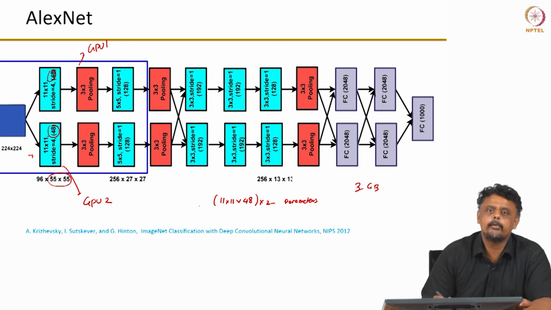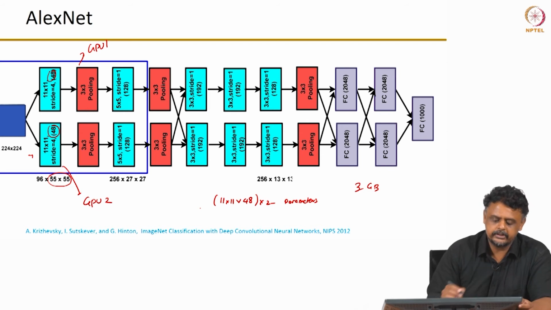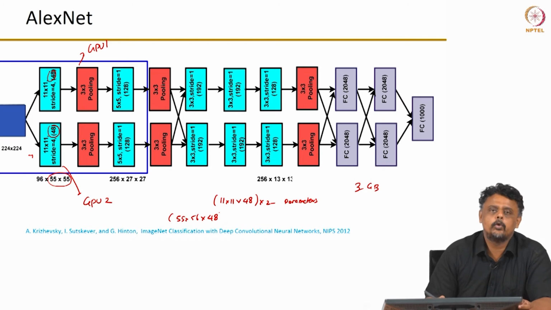If you want to calculate the number of computations per GPU, the output size is 55 cross 55 times 48. Those are the total number of activations on one GPU in this particular convolutional layer, and for each of these, to produce each output, we have to do 11 cross 11 cross 3 computations.